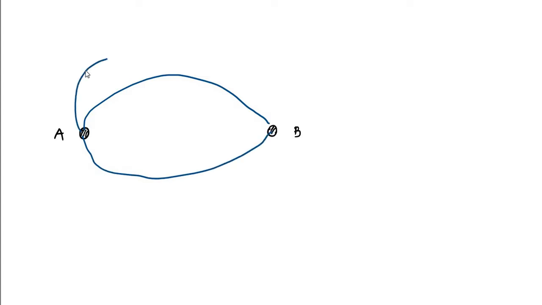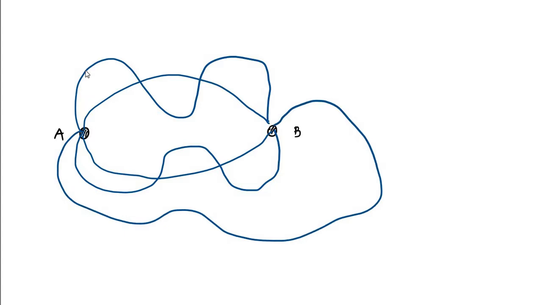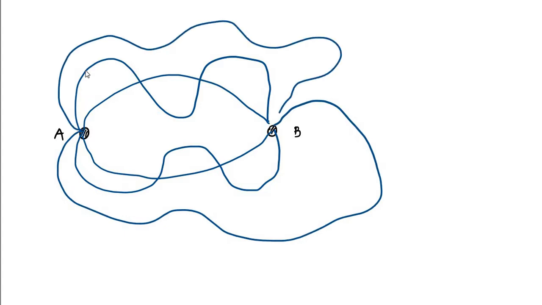This is one way, like this. This is another way. Then let's say this is another way, like this. This is another way. Then this is another way. This is another way. Okay, like this.